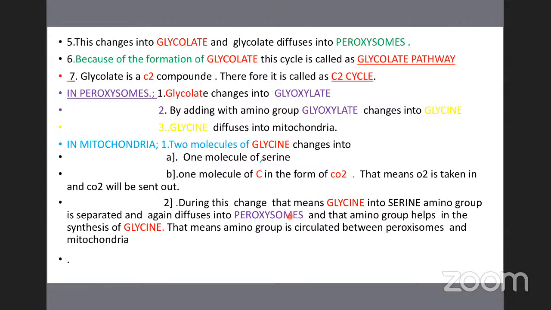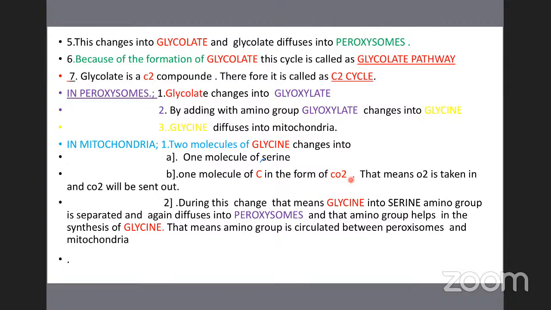So, important steps in mitochondria once again. Glycine, which was synthesized in peroxisomes, diffuses into mitochondria, and this glycine is a toxic compound, and it will be separated into two different molecules. One molecule is serine, the other is a carbon molecule that comes out in the form of carbon dioxide.